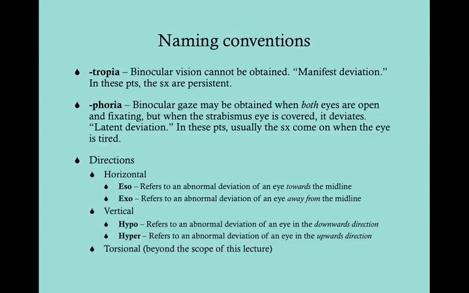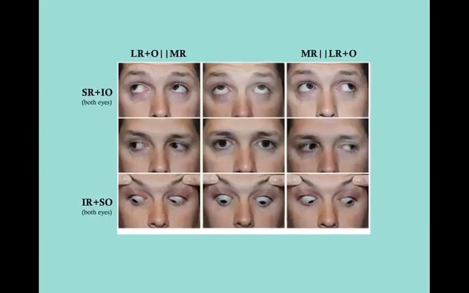A phoria, on the other hand, is where the binocular gaze can be obtained when both eyes are open and fixating, but when the strabismic eye is covered, it deviates. So, for instance, this patient here. He looks normal, right? But if he had a phoria, you would cover the left eye, and if the left eye had an exophoria, meaning it goes away from midline, it goes outward.